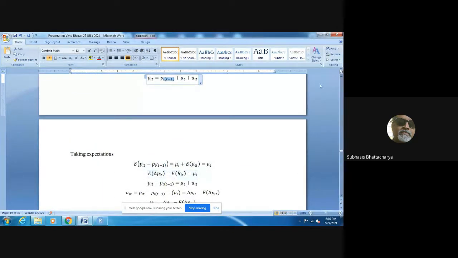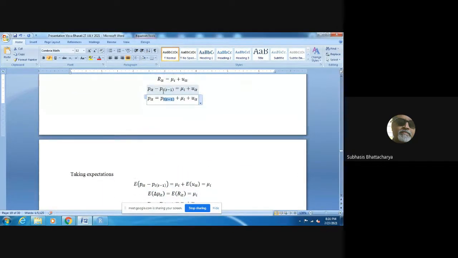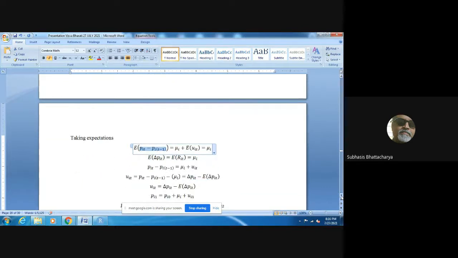Taking the expectation of these differences, the expected value of the change of log prices is equal to the expected return, that is mu_i.